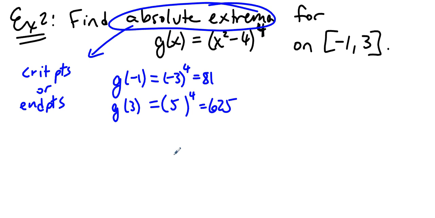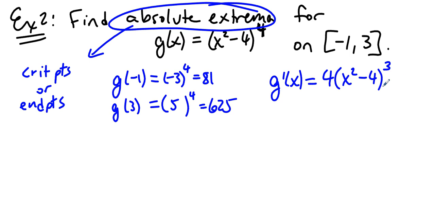Critical points. How do you find g prime? This is something to the fourth power, so the derivative is 4 times that something cubed times the derivative of the inside. And we think about where g prime is 0 or undefined.